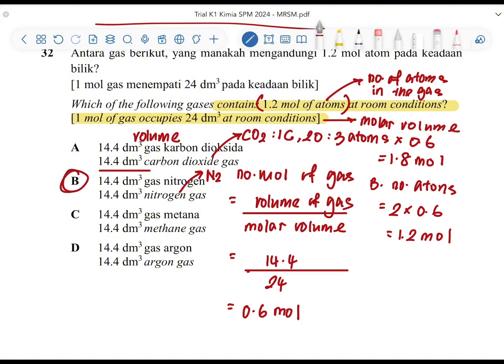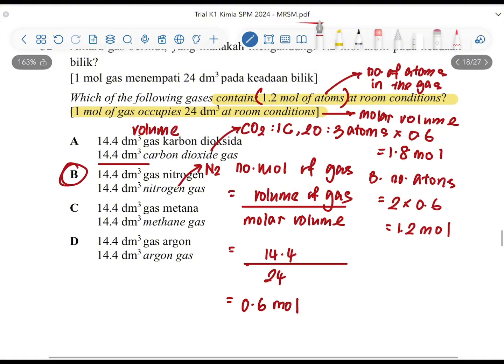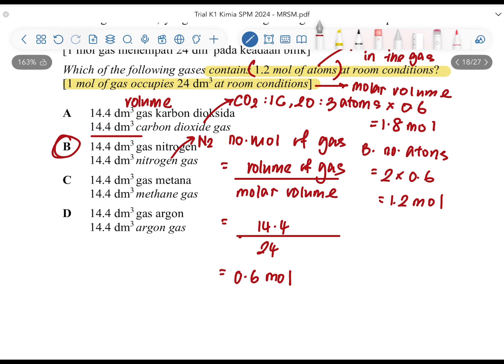But let's continue with option C, which is methane gas, and the chemical formula is CH4. It contains 5 atoms because it has 1 C and 4 hydrogen atoms.